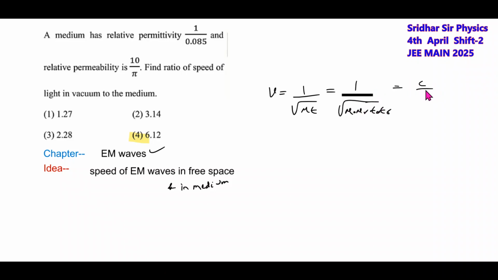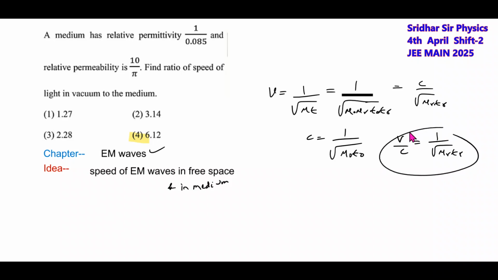So this will become C by root of mu r epsilon r, where C is equal to 1 by root of mu naught epsilon naught. Okay, substituting these values and solving, we'll get the ratio of speed of light in vacuum to the medium. V by C is equal to 1 by root of mu r epsilon r. So mu r value, epsilon r value, we know it, substitute, and we'll get this particular condition.